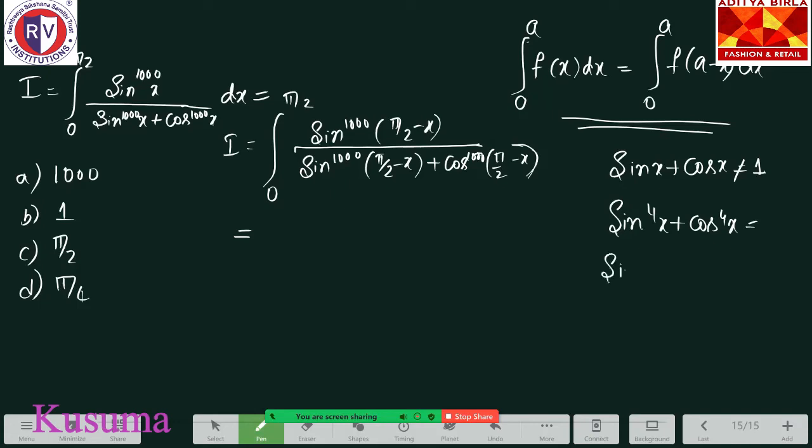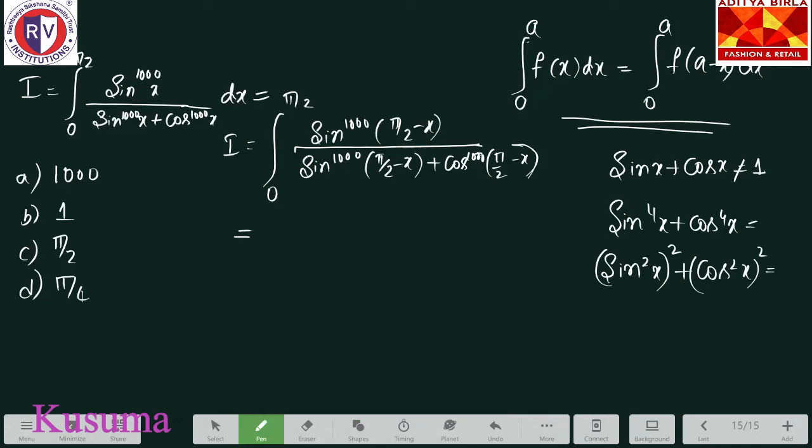So I can write it as sin square x whole square plus cos square x whole square. So this is of the form a square plus b square, not a plus b whole square. But here we don't have sin square x plus cos square x; we have sin square x whole square plus cos square x whole square.